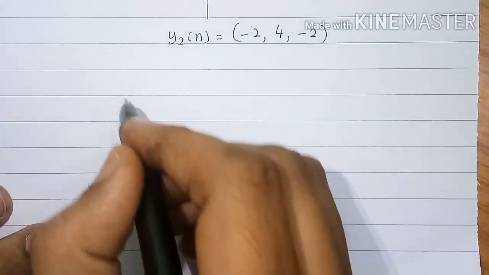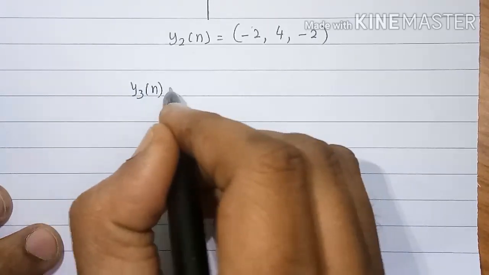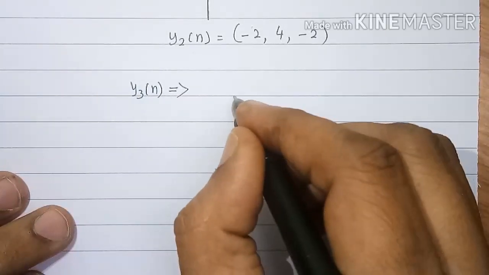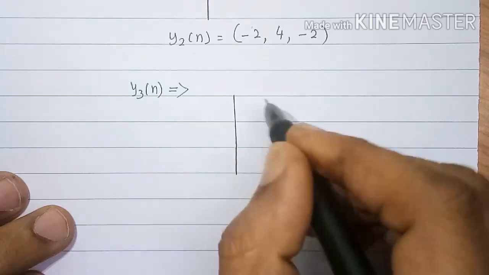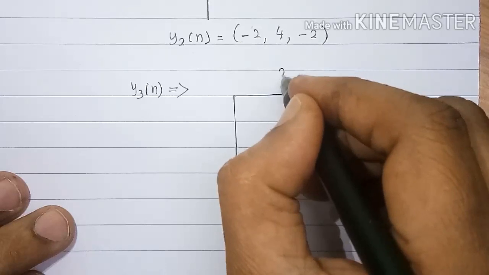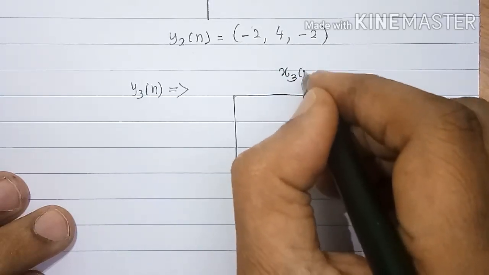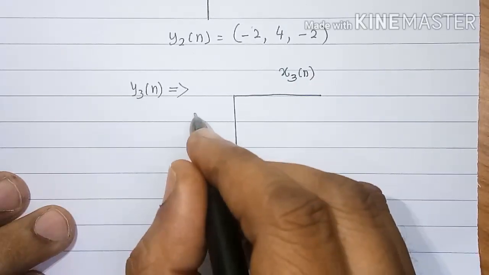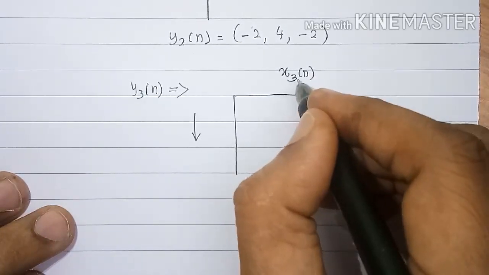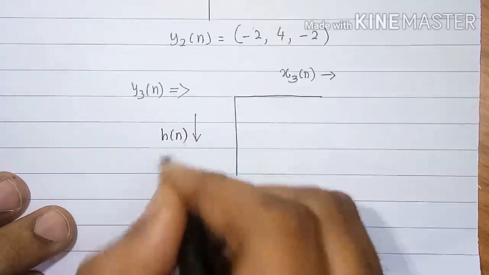Next we will compute y3 of n. That is x3 of n convolved with h of n.